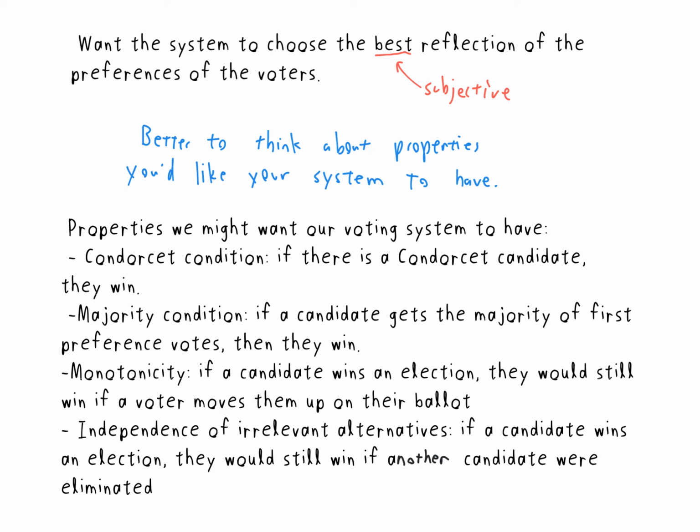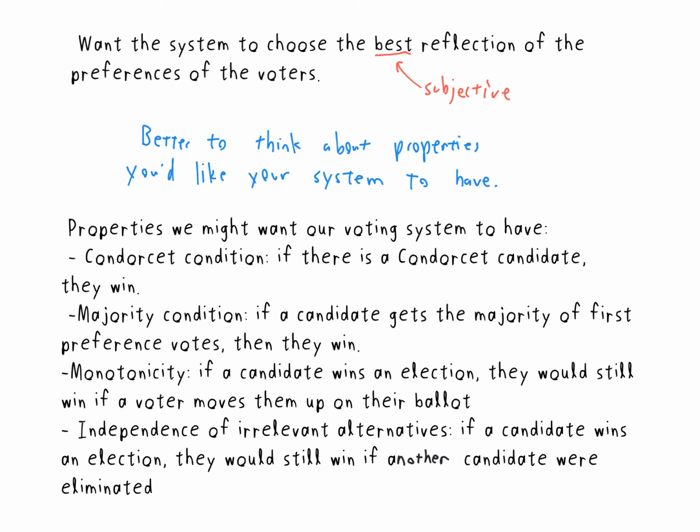There would be no harm in voting for an unpopular candidate that really is your first preference. This property also discourages strategic candidacy because a candidate cannot affect the outcome of the election unless they end up winning. Otherwise, they are one of these irrelevant alternatives.